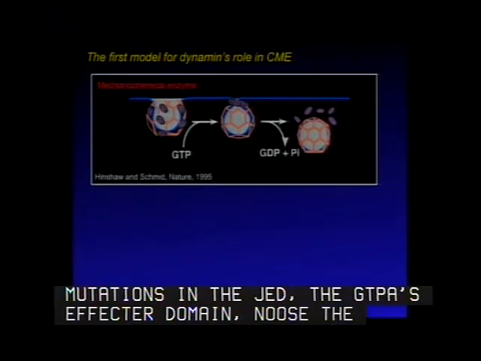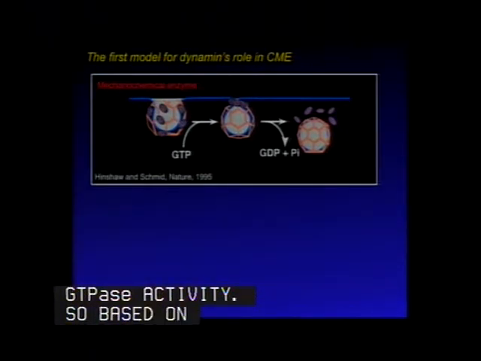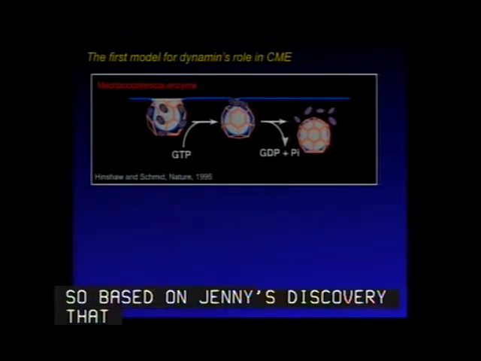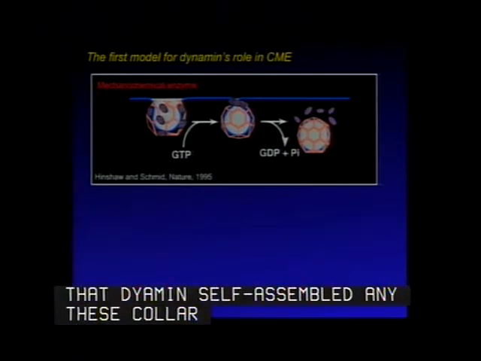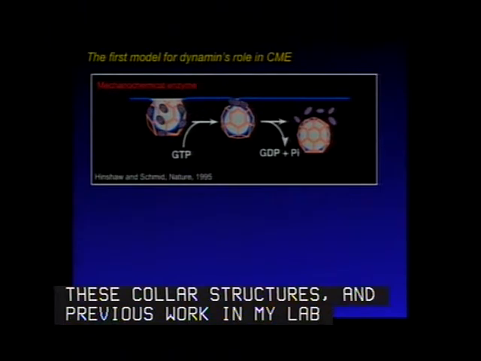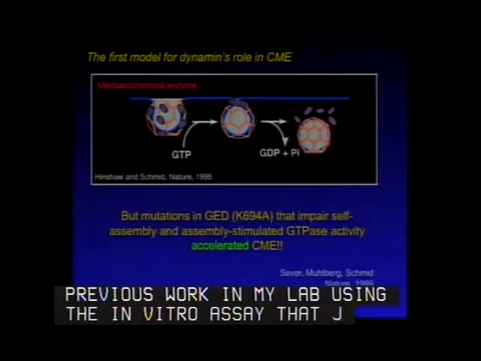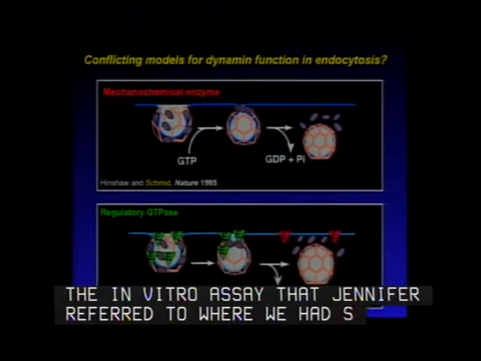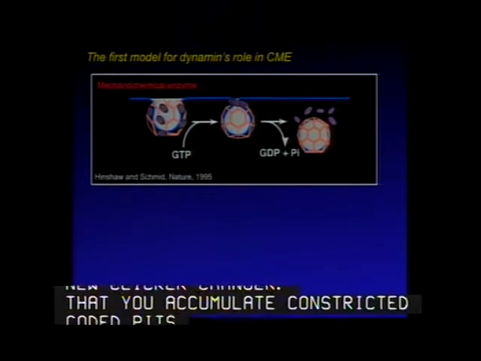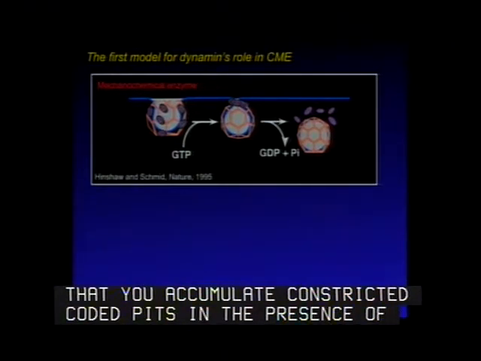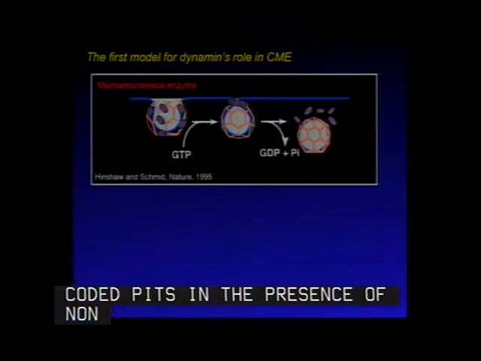So based on Jenny's discovery that dynamin self-assembles into these collar structures on its own, and previous work in my lab using the in vitro assay that Jennifer had referred to, where we had shown that you accumulate constricted coated pits in the presence of non-hydrolyzable analogs of GTP, Jenny and I proposed that dynamin functioned as a mechanochemical enzyme.